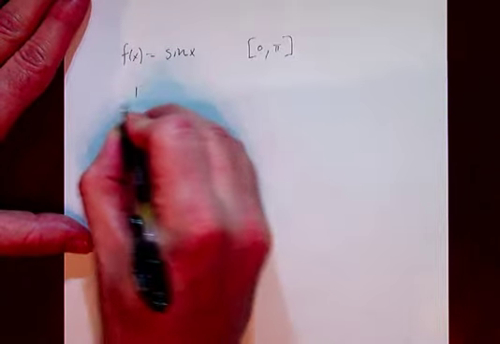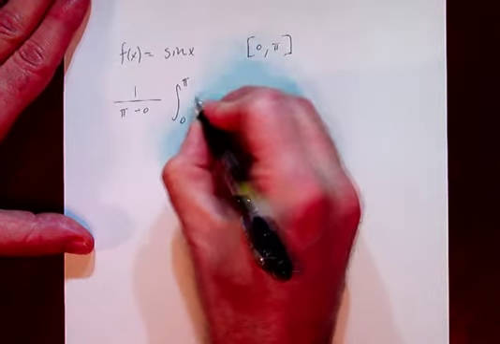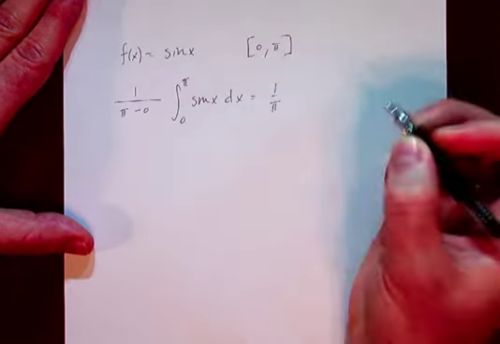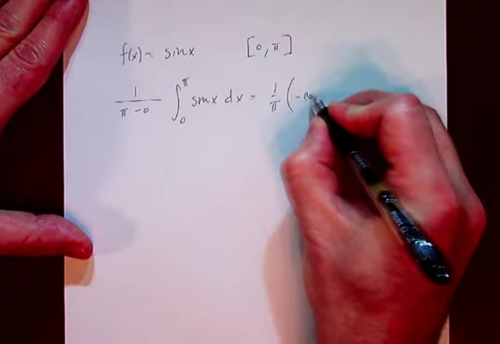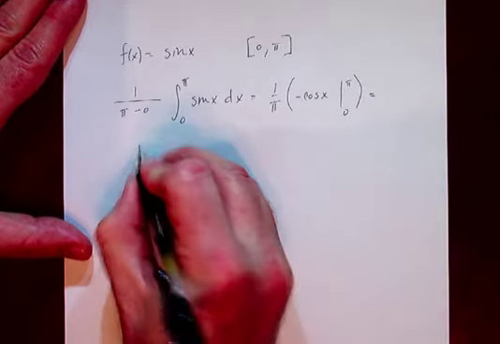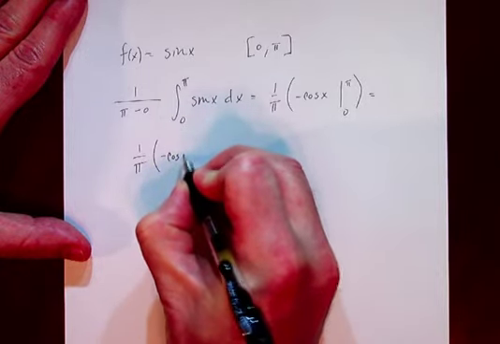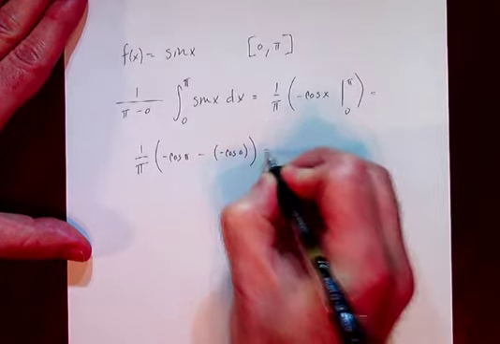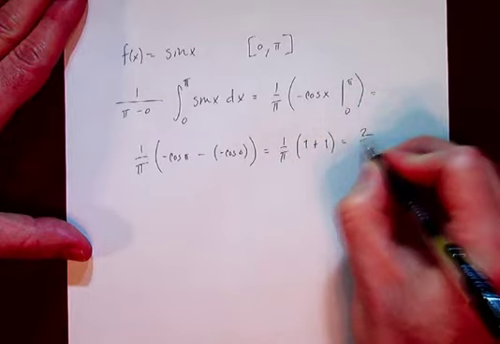So we have 1 over b minus a, the integral from a to b of f of x dx. And that's 1 over pi. When I integrate sine x, it becomes negative cosine x, and I'm going to go from 0 to pi. Basically that becomes negative cosine pi minus a negative cosine of 0, and that's 1 over pi, 1 plus 1, or 2 over pi.